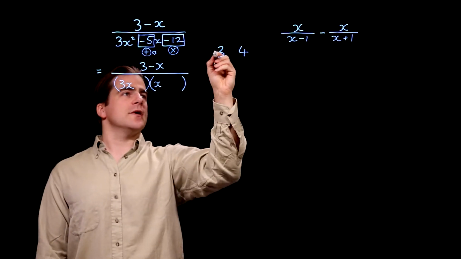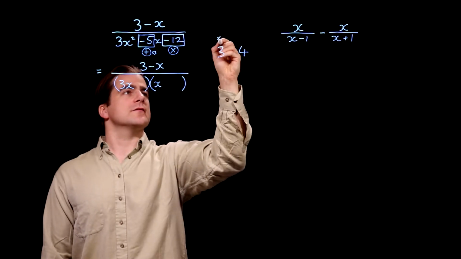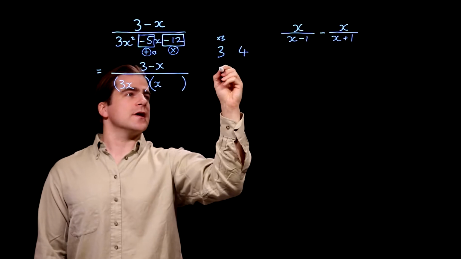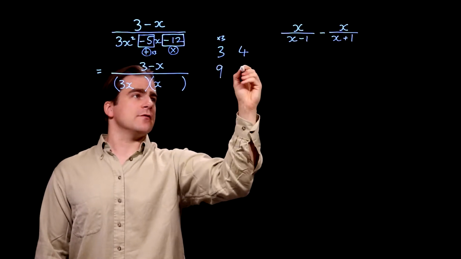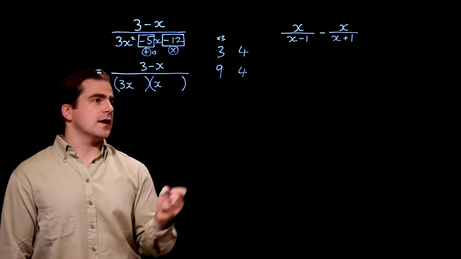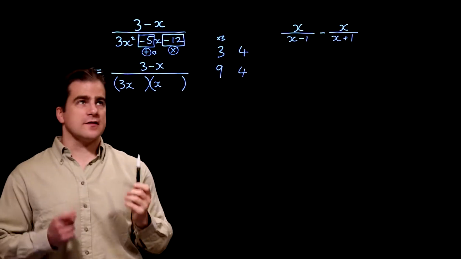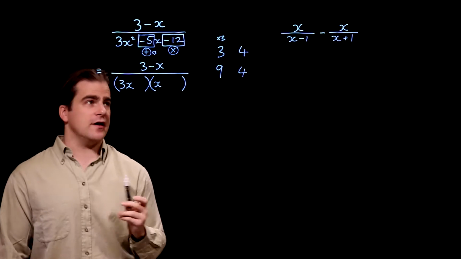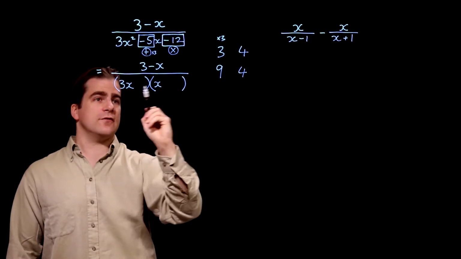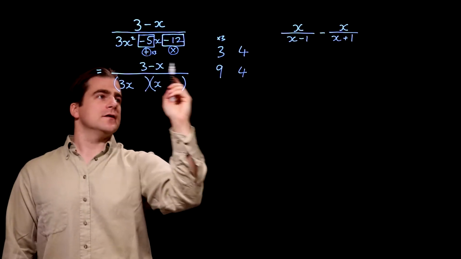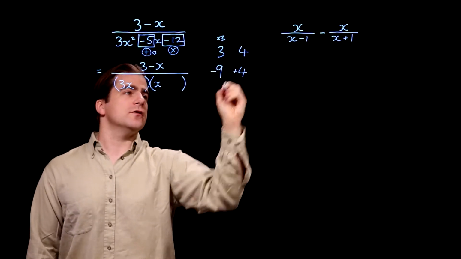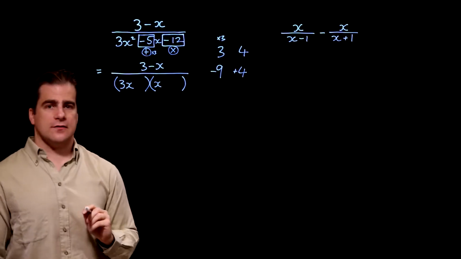So let's try multiplying 3 by 3. And we get 9, and we leave the other one alone. Can we combine 9 and 4 with pluses and minuses to make minus 5? Yes, we can. Okay, we got lucky first time. This is it. It's going to be 3 and 4, because minus 9 plus 4 gives you the minus 5.